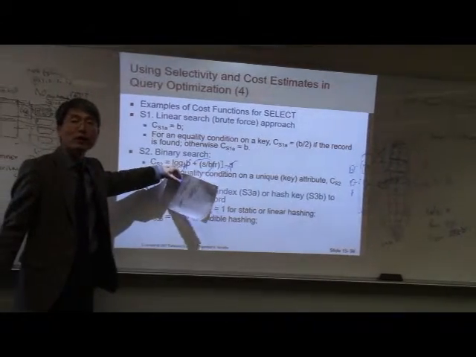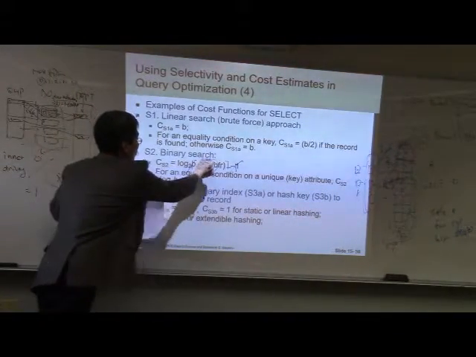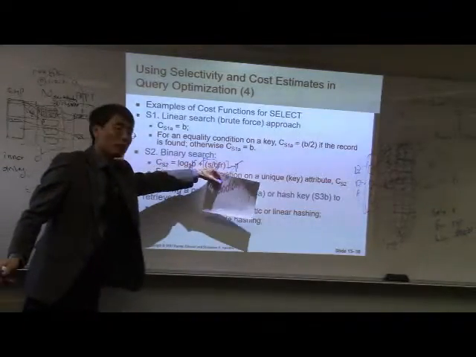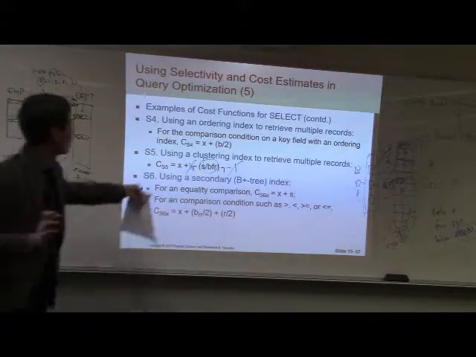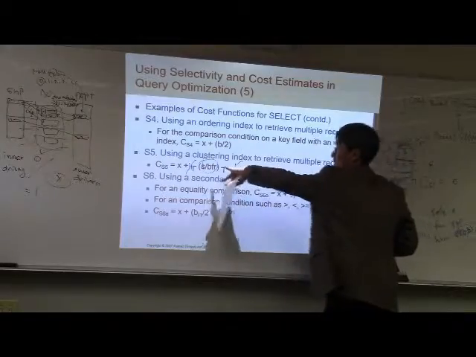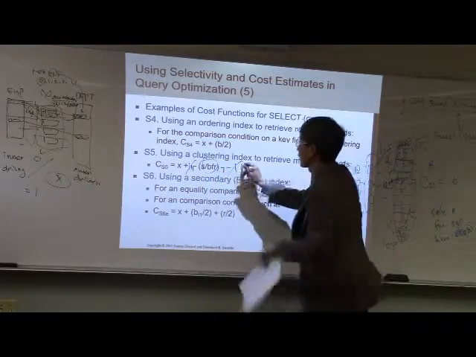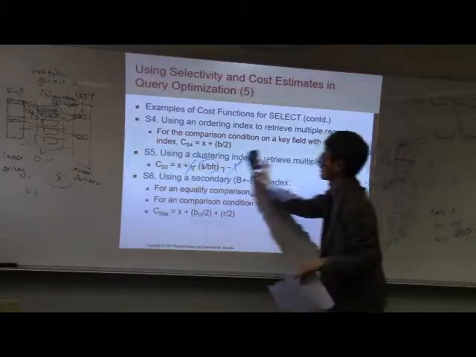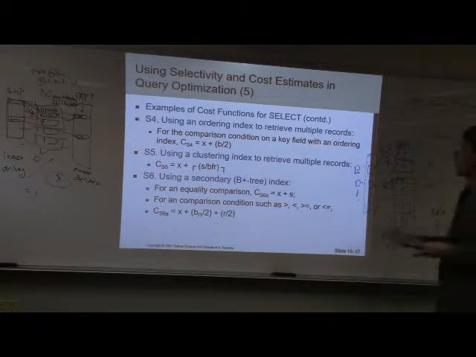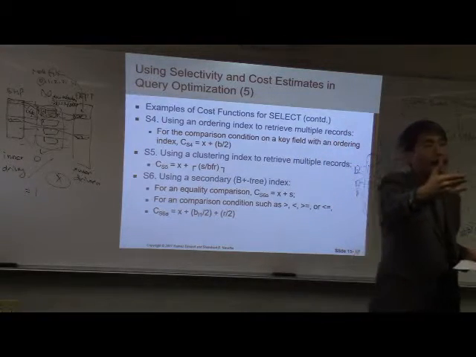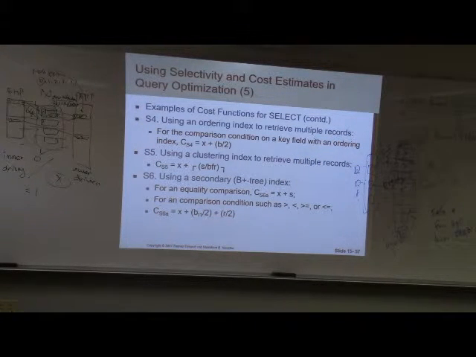The ceiling of S over the block factor minus 1, but here it is X plus 1, S over the block factor minus 1, so we can eliminate the 1 minus 1. Then finally we have the cost function for the clustering index. This time S is how many data are returned on average when we access the data using that clustering index.